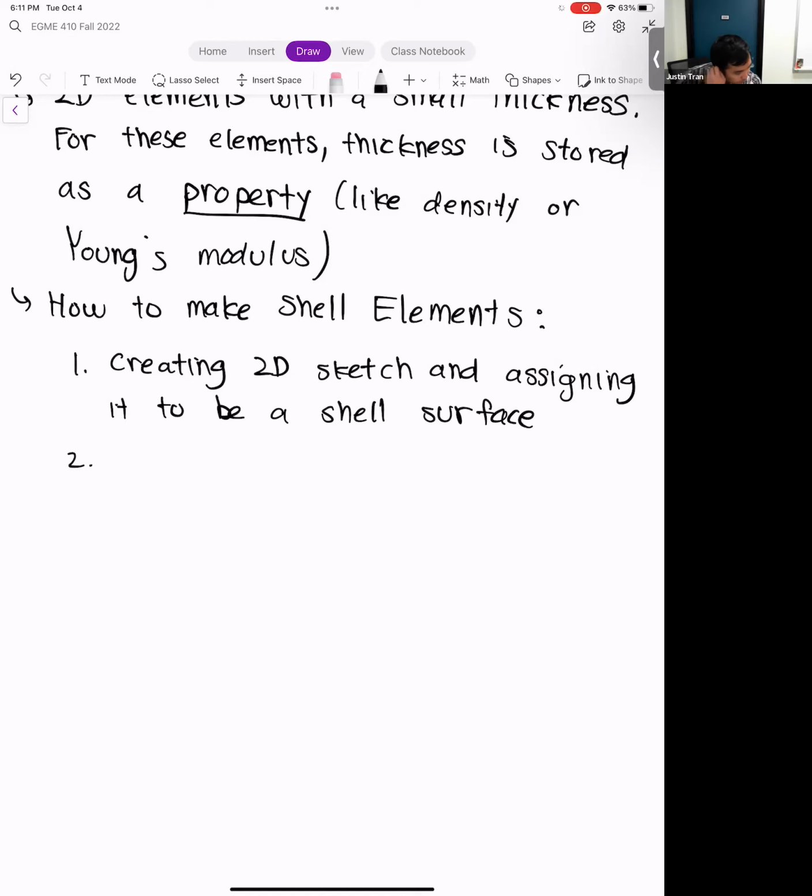And so the first way to make a shell is to create a 2D sketch. You're going to make a sketch in 2D, and then you're going to tell ANSYS that this sketch here is going to be a shell. Okay.